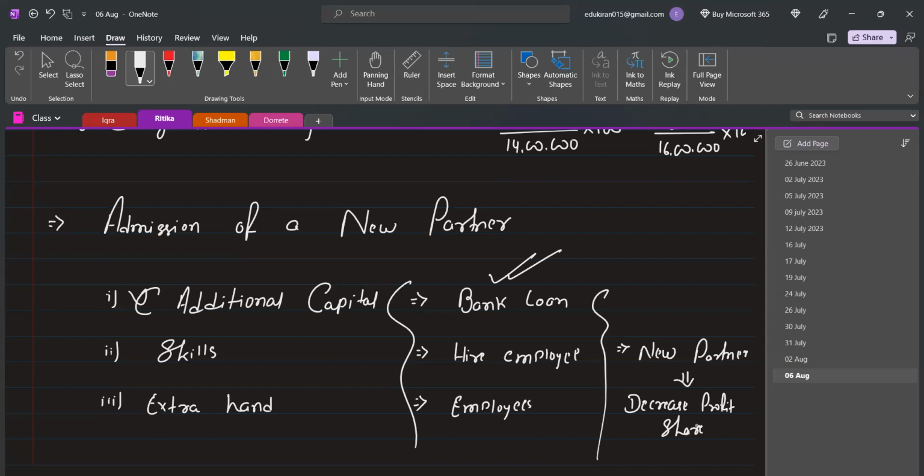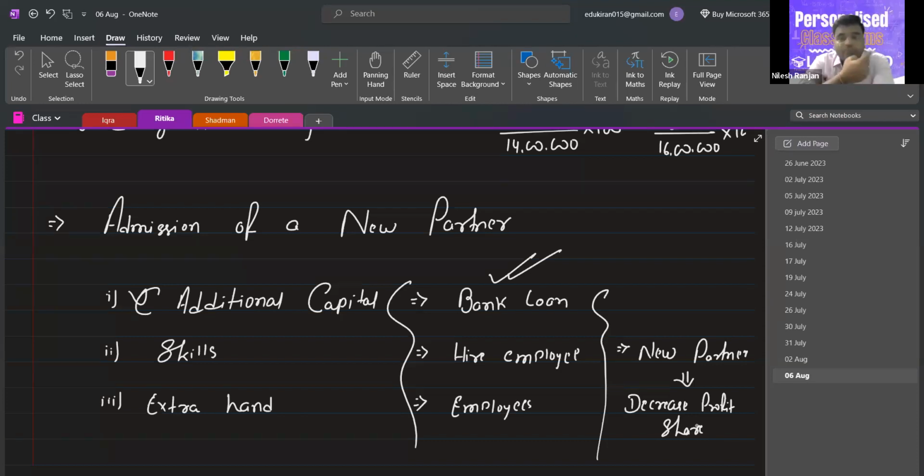Now, if they are sharing our profit, then they are also sharing our loss. In case of loss, we don't want to pay any amount to the bank as interest, or any additional expenses like salary to persons, interest on loan, or other expenses like rent and electricity bill.